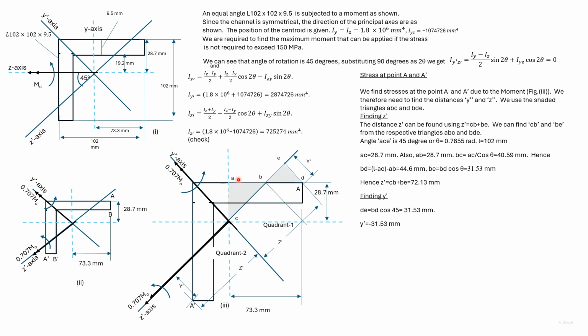Now we know AD and we just found out AB, so we can find BD. It's given here. BE is BD cos 45. So now we can give Z dash since it is equal to CP plus BE, which is given here. DE is also BD cos 45 and is equal to Y dash.